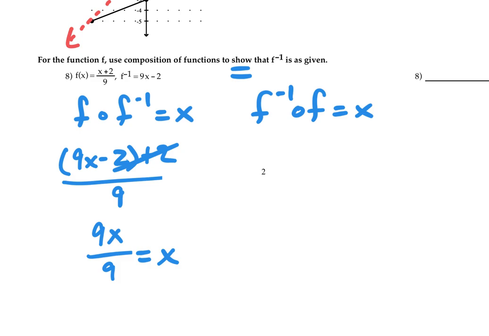Okay, and then we're going to do it here as well. We're just going to go the opposite direction. So we're going to plug f into f inverse. And we want to show that this one equals x too. So if we just do some simplifying here, what would be the first thing that's going to disappear here?